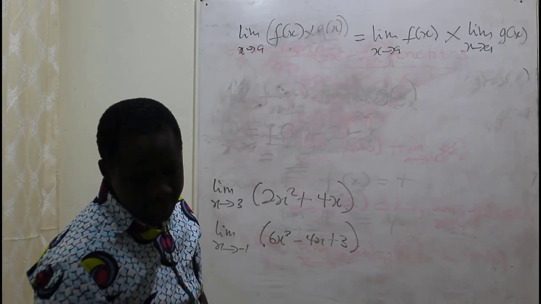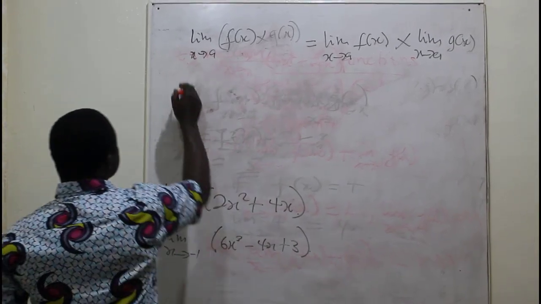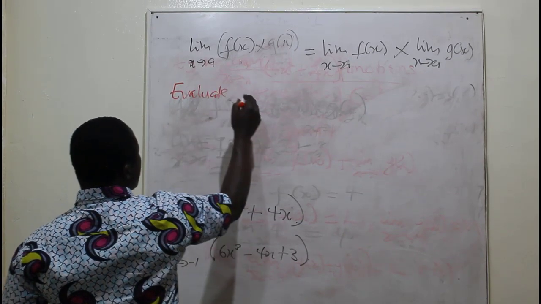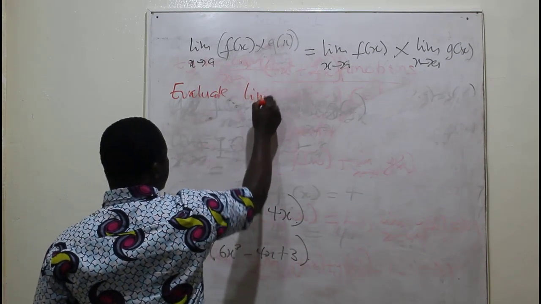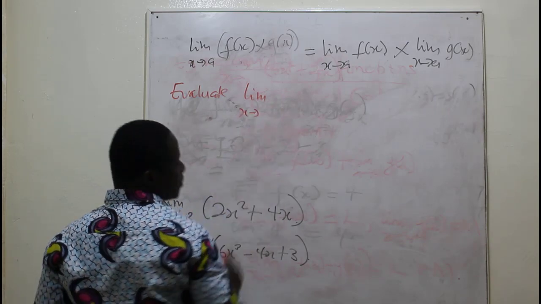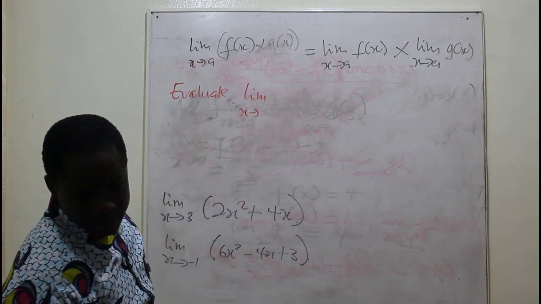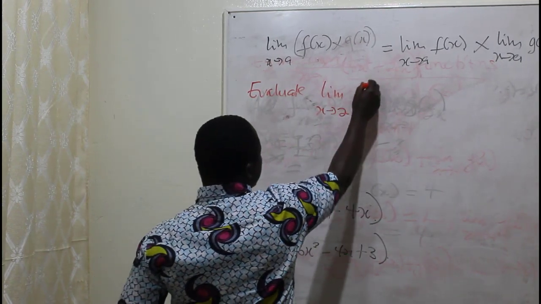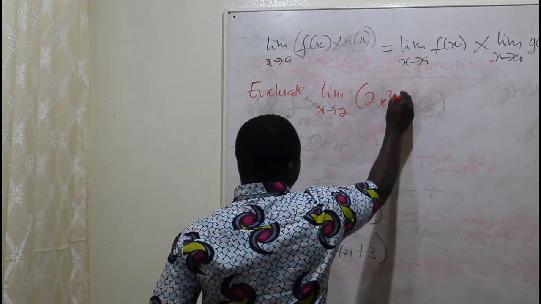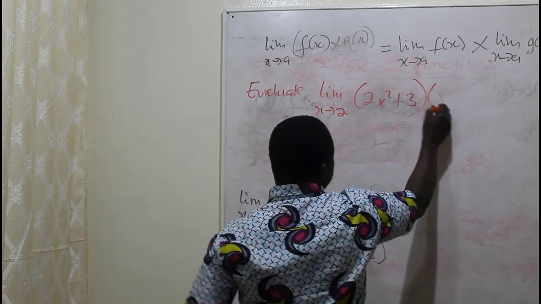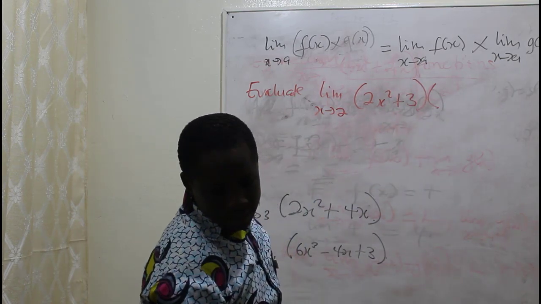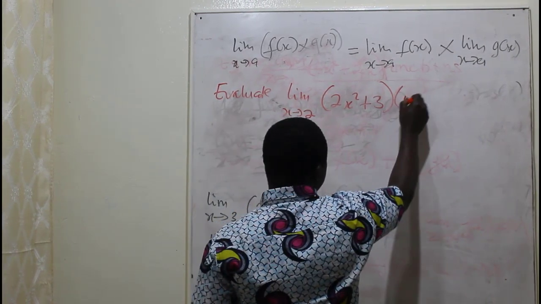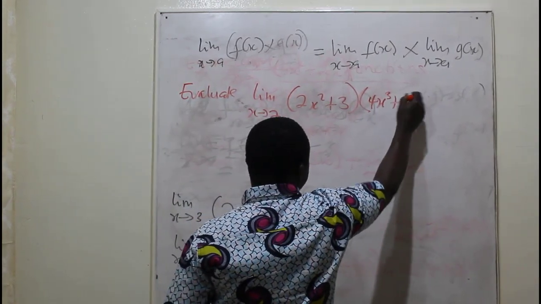For example, we are to evaluate the limit as x approaches 2 of 2x squared plus 3 against 4x cubed plus 5.